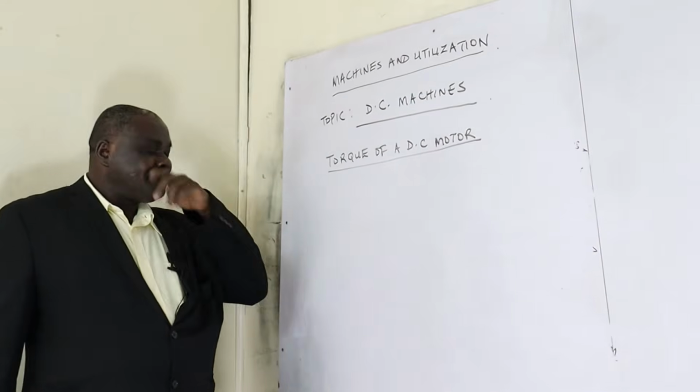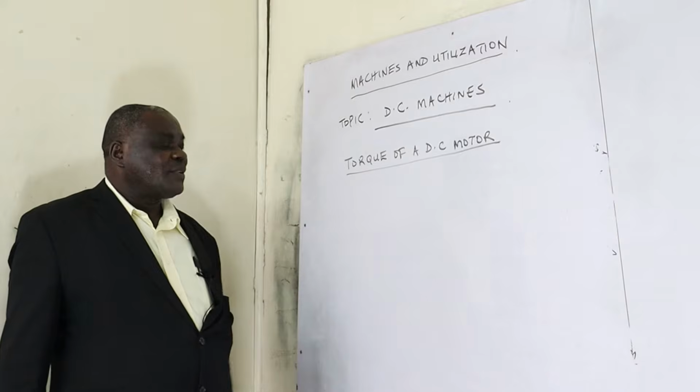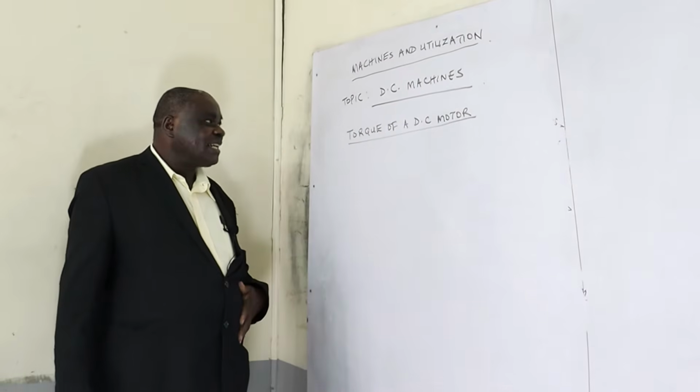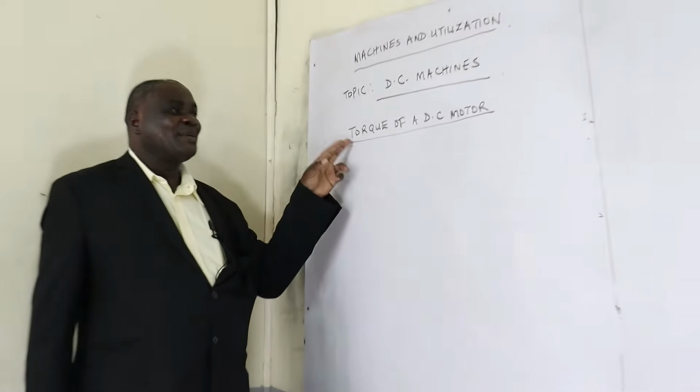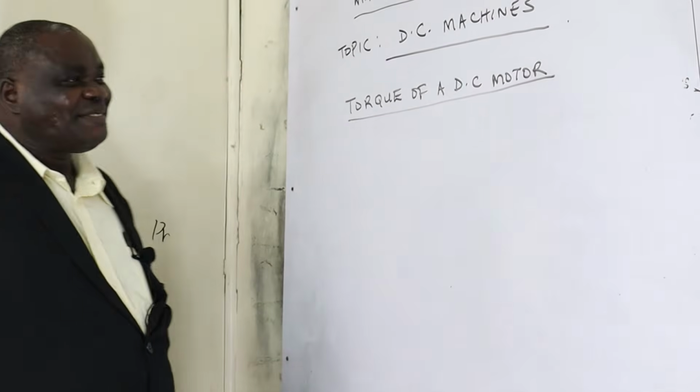This is where, for somebody who's doing diploma in electrical engineering, power option, should start from in module 3.